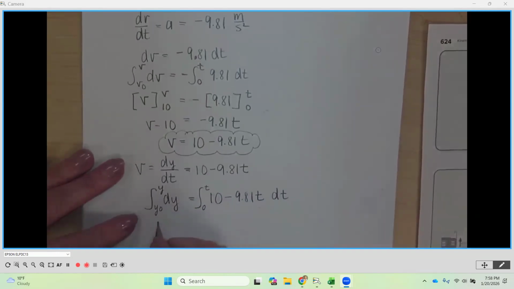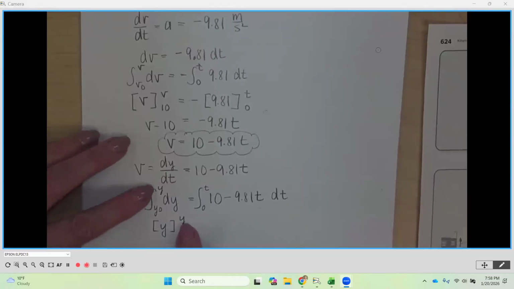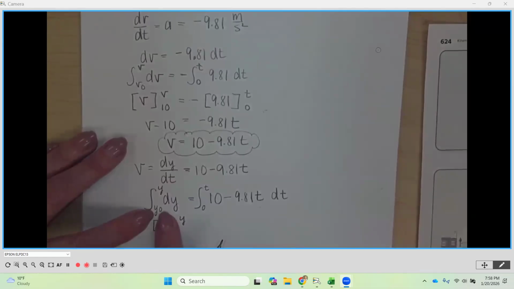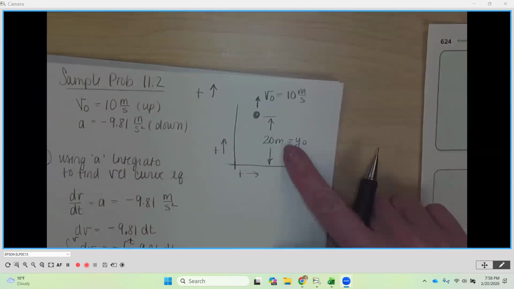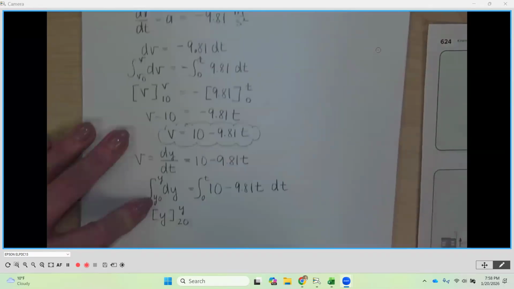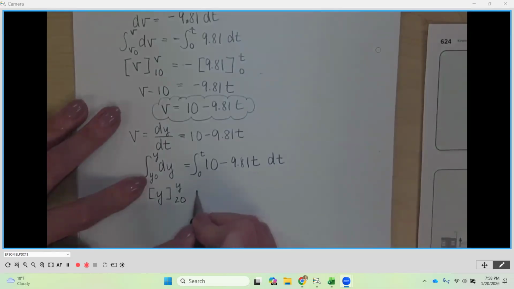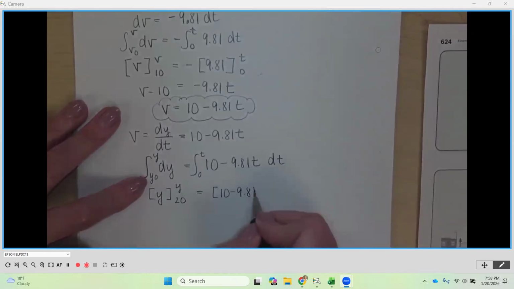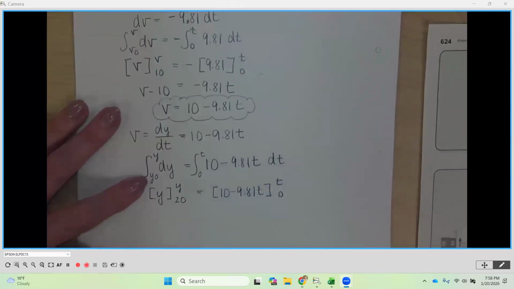Then again, I'm going to do that little intermediate step. You can do it or not, it's up to you. I know that my y here is going to be any value of y, and my y0, or my original y, is going to be the 20, because that's where I'm starting when I throw that ball up. And that's going to be equal to 10 minus 9.81 t, and those limits are going to be 0 and t.